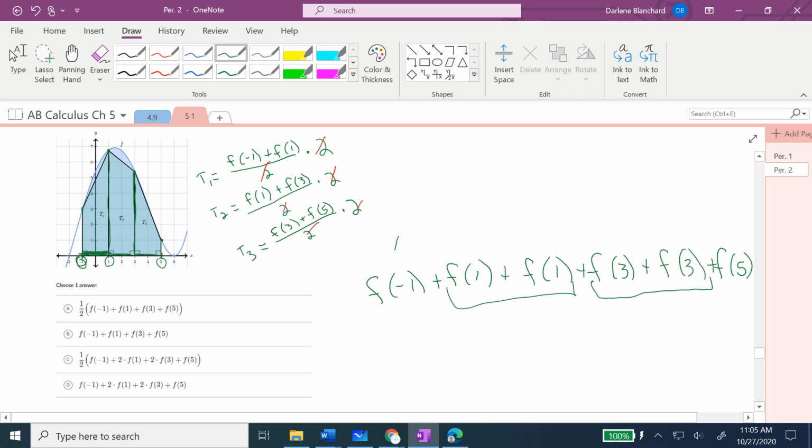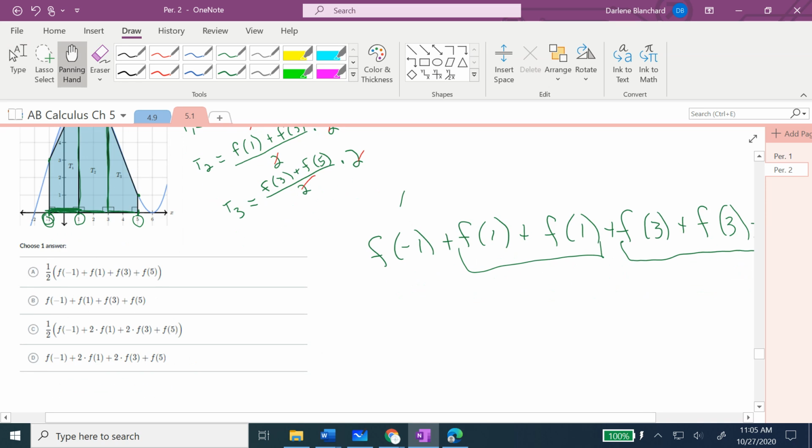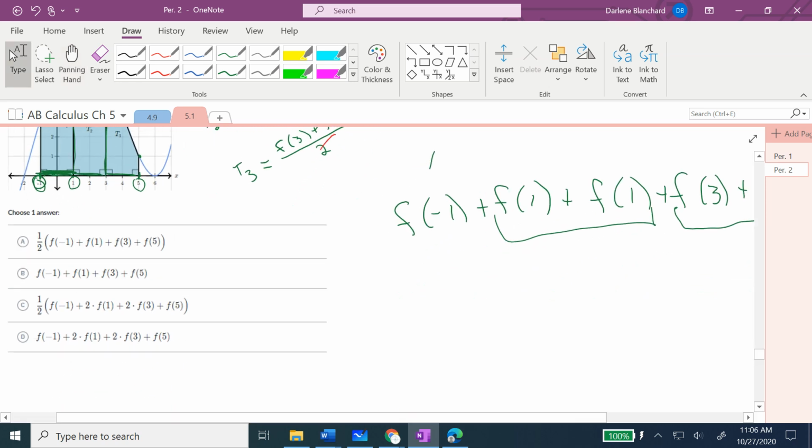When x is 3, it is added twice. Now let's take a good look at which one of these represents that. And perhaps you see it. D would be the correct answer for that trapezoid rule.